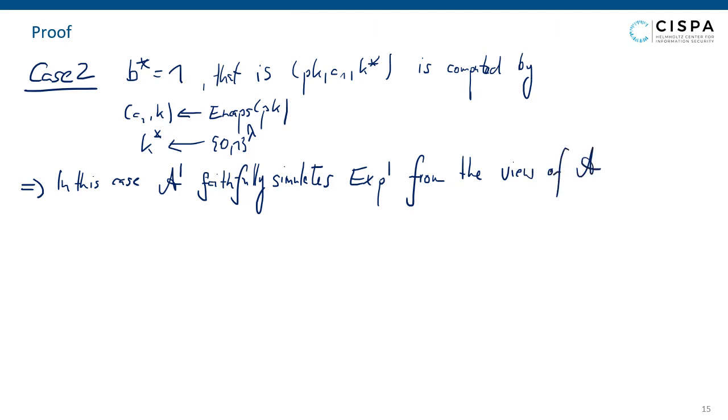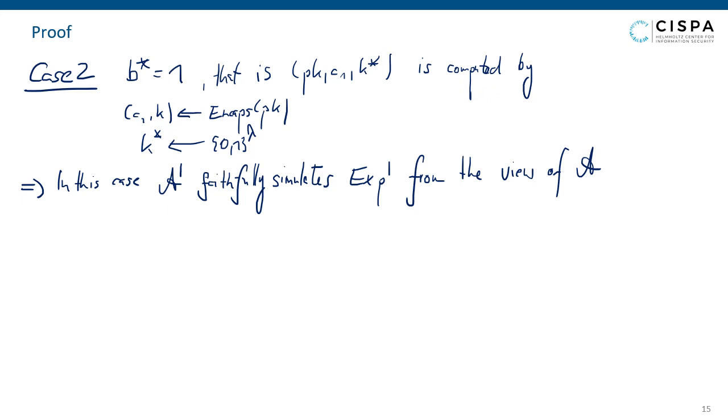Why? Well, because all messages that A gets in the simulation have the same distribution as in X prime, right? The only difference essentially being the way the key k asterisk was chosen, that now it's being chosen uniformly random instead of taking the key k that was produced by the encaps algorithm.